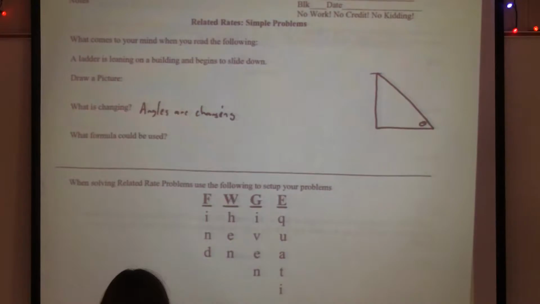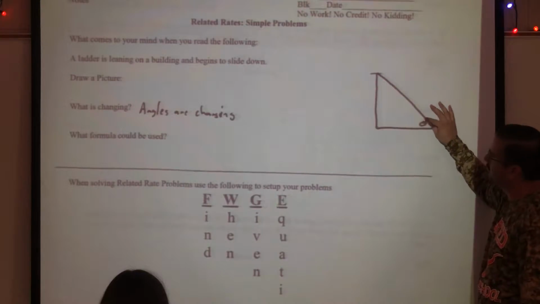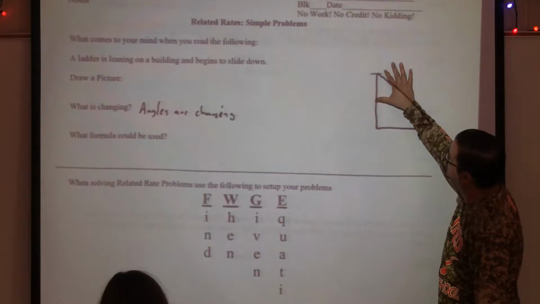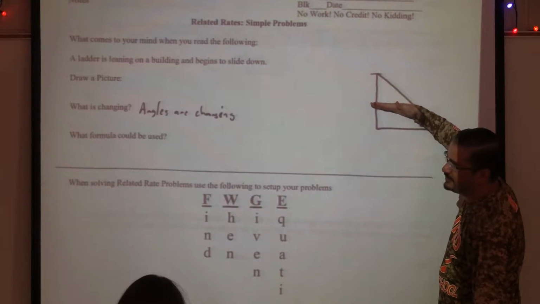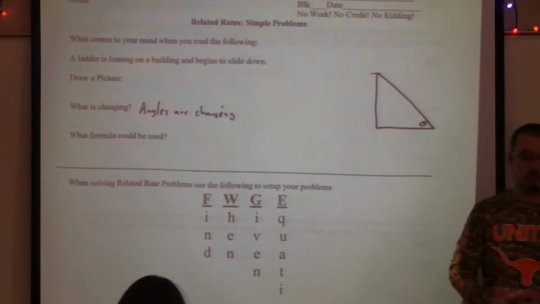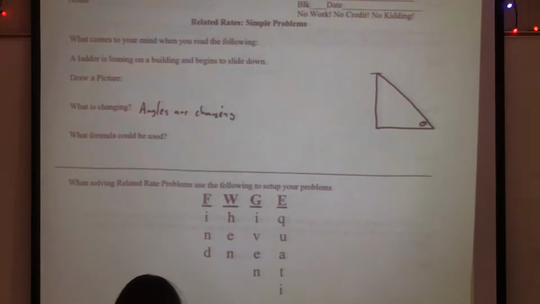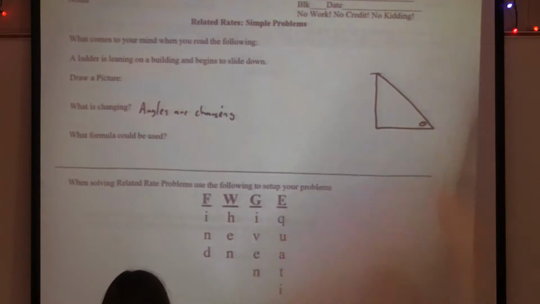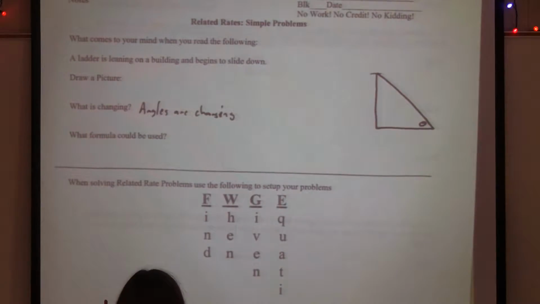The 90 would stay 90 all the time. Would this one be getting bigger or smaller? Smaller. How about this one? Bigger, as it went down. If this one gets smaller, then the other one has to get bigger, because they have to balance out and equal how much? 180. Very good. What else is changing?